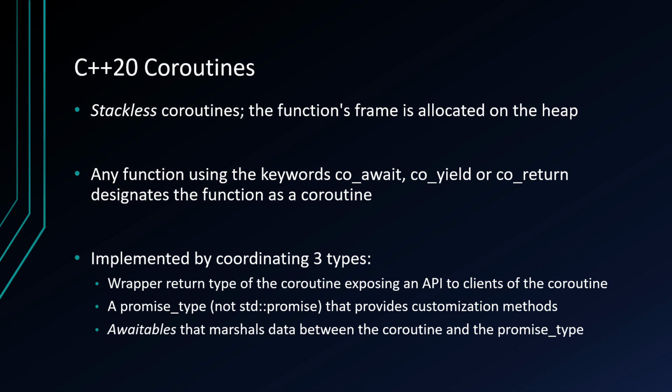So there's no special attribute or special keyword that introduces a coroutine in the declaration of the function. There's just the presence of these keywords inside the body of the function that designates the function as a coroutine. And that can be inside a lambda, inside a member function, or inside a free function.